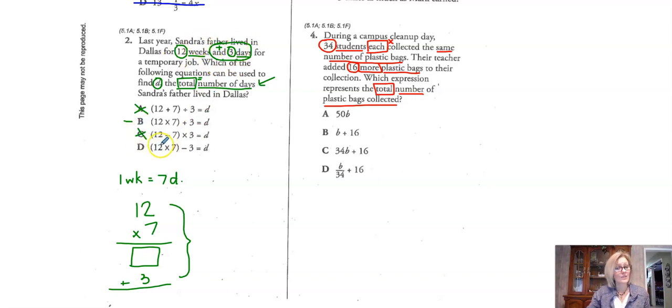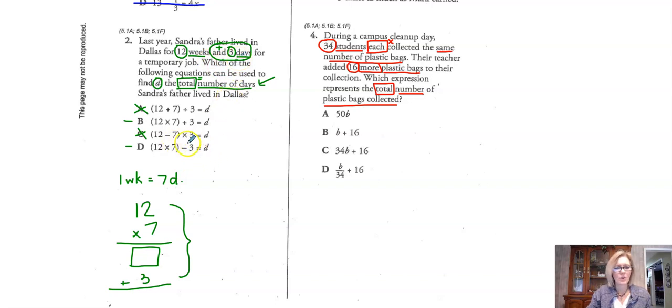And this one has a 12 times 7, so this should get our attention here. 12 times 7, that's going to give us how many days are in 12 weeks. But this says subtract 3. We better go back up and read our problem and see if we know what we are finding correctly. Sandra's father lived in Dallas for 12 weeks and 3 days.